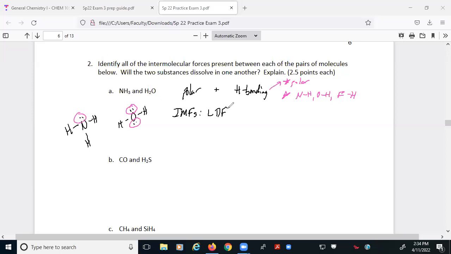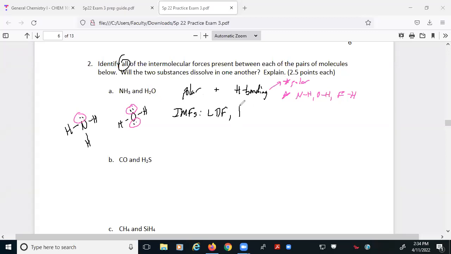Now, if it asks us for the primary or for the strongest, then London dispersion forces are only the correct answer if the molecules are nonpolar. But in this case, we're asked to identify all, so it's London dispersion forces.